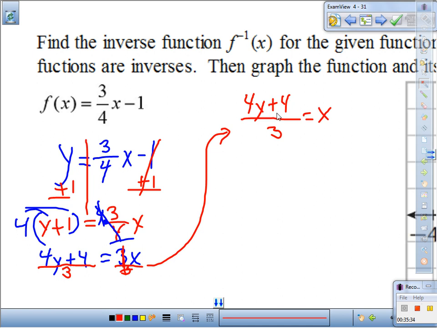All right, before I transform it to graph it, let's exchange. Who remembers what to do at this point? We change the x and the y, because that's what we call the inverse. So we end up with 4x plus 4 divided by 3 equals y.